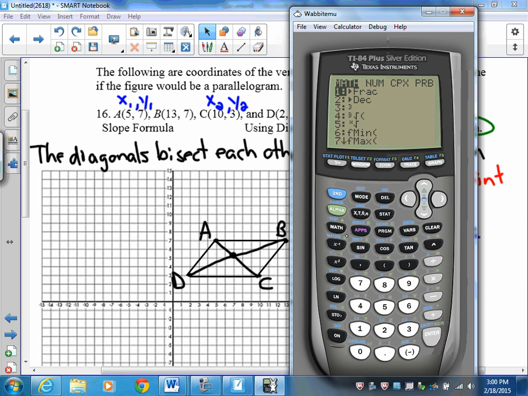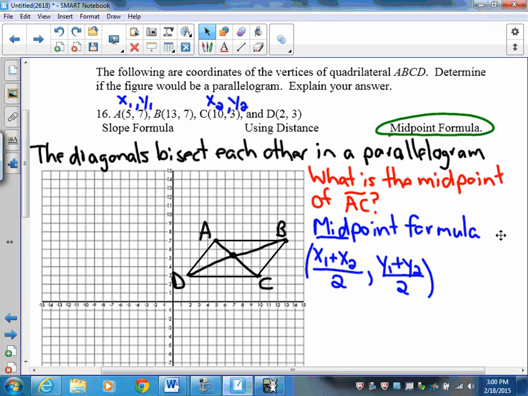I can also turn that into a decimal if that's easier for you, which is 7.5. The average of y's, alpha y equals enter, is going to be 7 plus 3 divided by 2. So I get a midpoint of 7.5 and 5. So what was the average? It was 7.5 and 5.